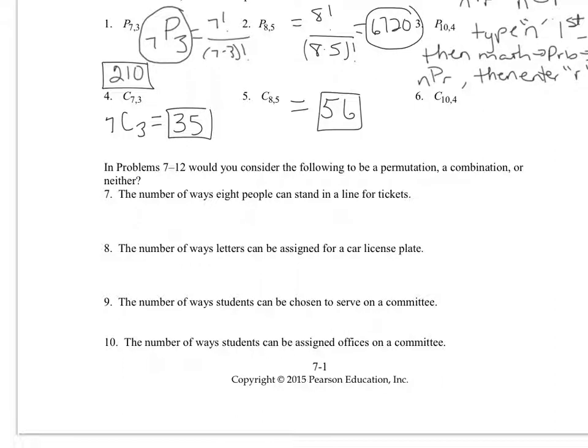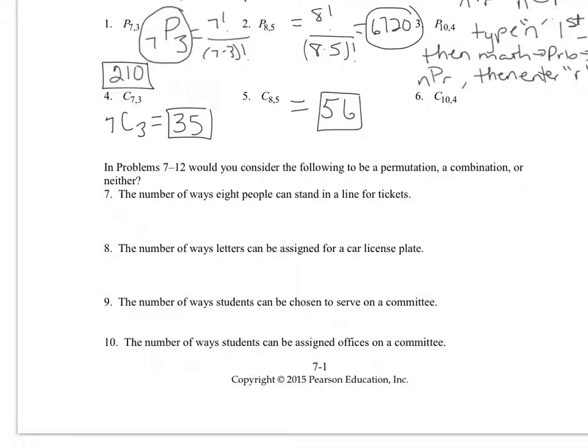So if you have the number of ways 8 people can stand in a line for tickets. Now think about that. That's saying if I've got 8 people, how many different ways can those people be standing in line? And ultimately the question you're asking yourself is, will it make a difference if I change the order?